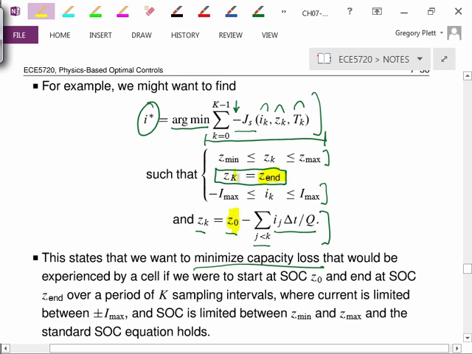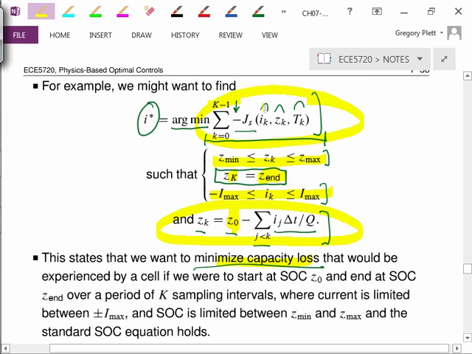And we see k there and k minus 1 there, where current is limited between plus and minus Imax, and SOC is limited between Zmin and Zmax, and the standard SOC equation holds, and we're minimizing total capacity loss, which is that. So all of those pieces are present in this formulation here.